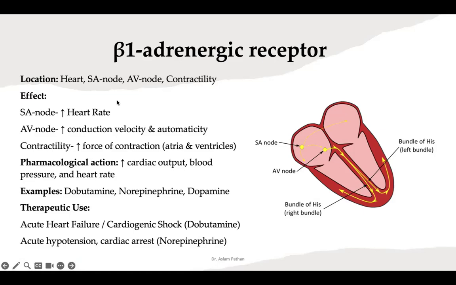Activation of beta 1 receptor in the heart leads to increase in heart rate due to activation of SA node.